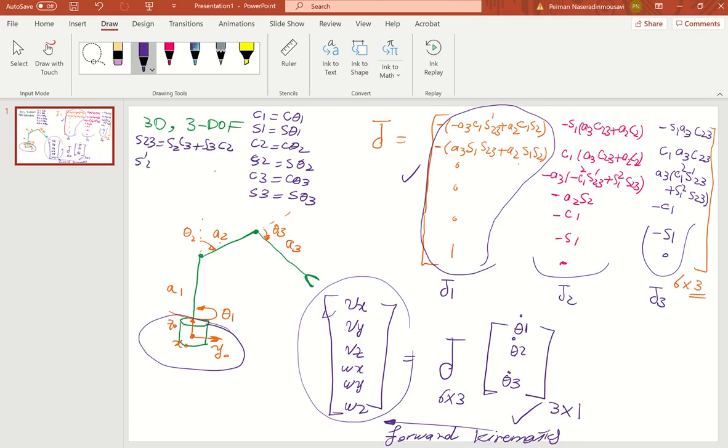When I say S prime 2 3 it means S2 cosine 3 minus cosine 2 S3. When I say cosine 2 3 it means cosine 2 cosine 3 minus sine 2 sine 3. And cosine prime 2 3 means sine 2 sine 3 plus cosine 2 cosine 3 in the Jacobian matrix. Now we have everything.